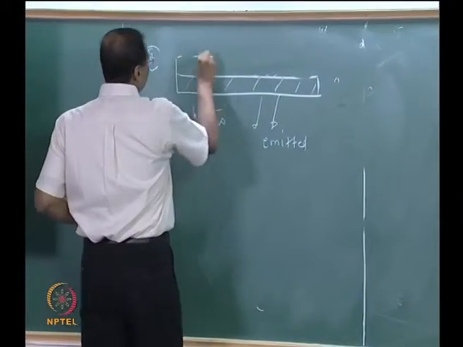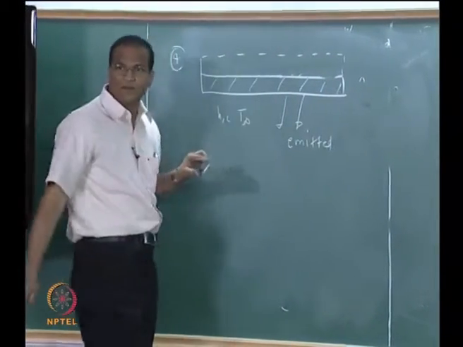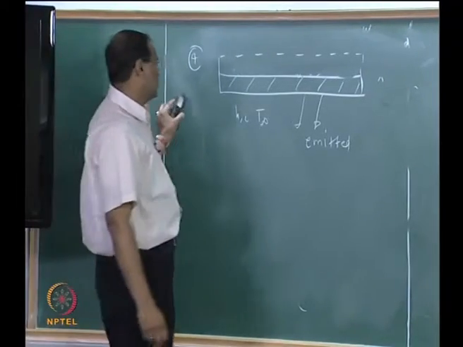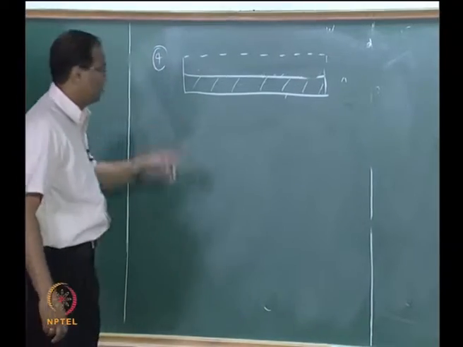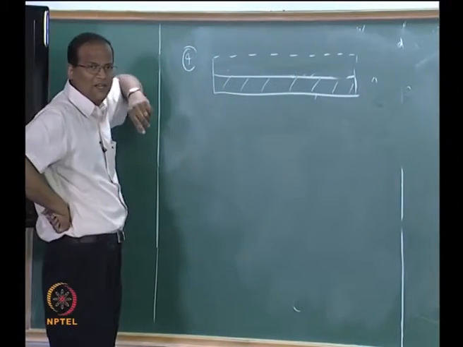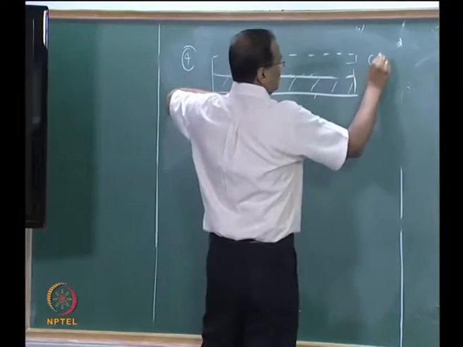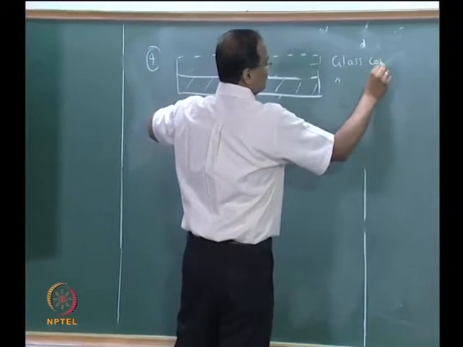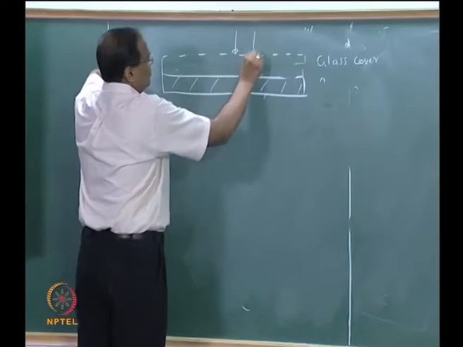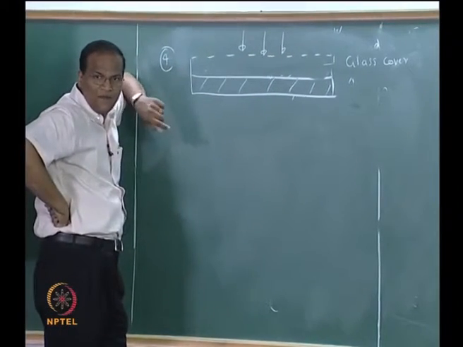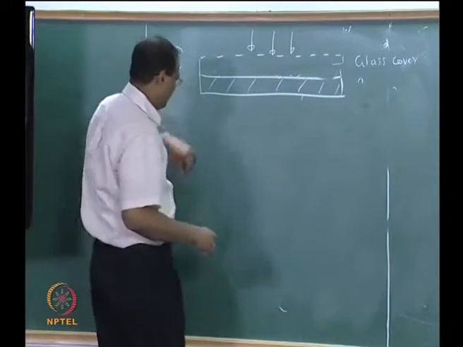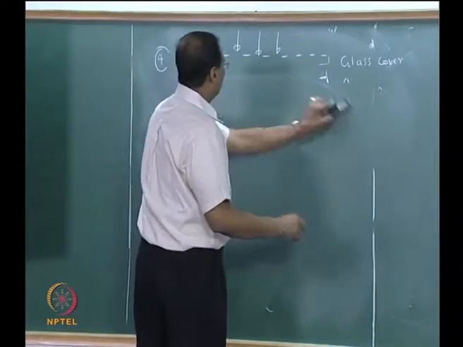So what the solar people will try to do is put a non-selective surface, where emissivity is already low. They will have something where absorptivity is 0.6, and they may increase it further. There will be a glass cover, so that you can reduce the convection.